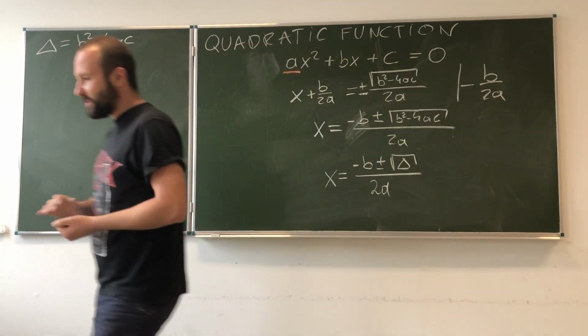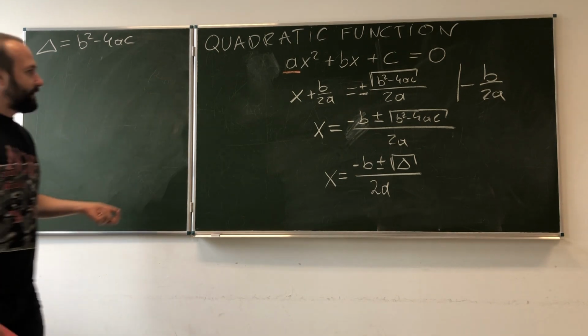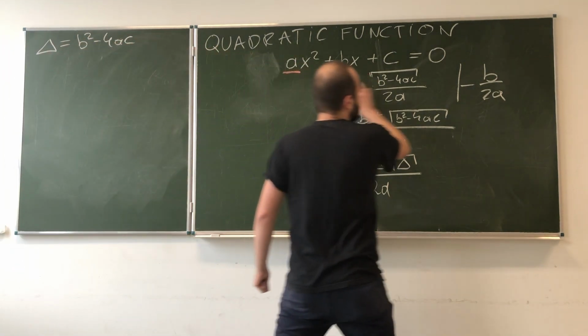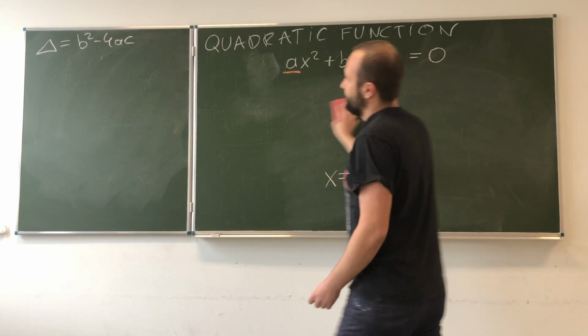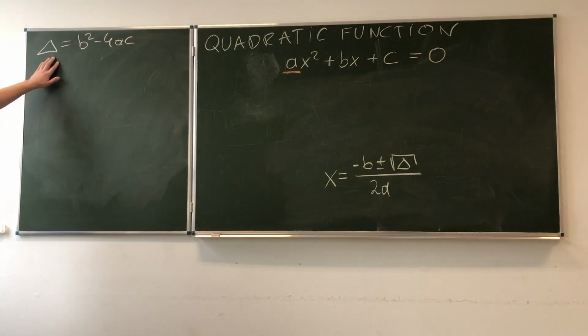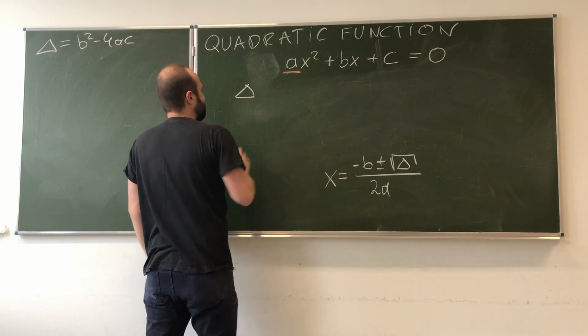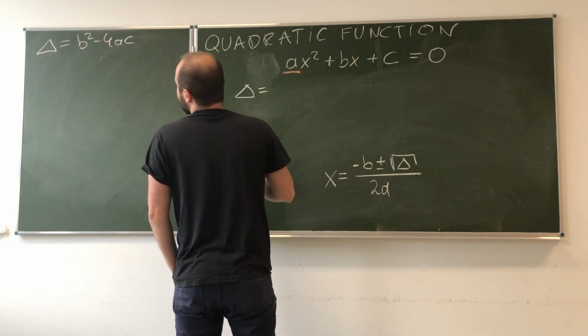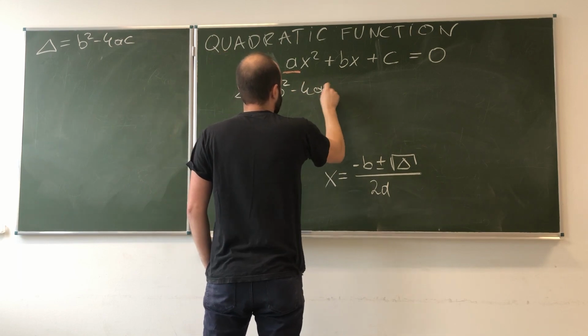Okay, so if I want to find roots or zero places of the parabola, what should I do? Well, we will always start in the same fashion, right? We're going to start by delta. Delta is equal to b squared minus 4ac.